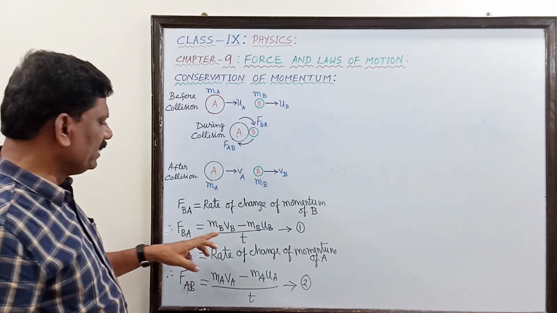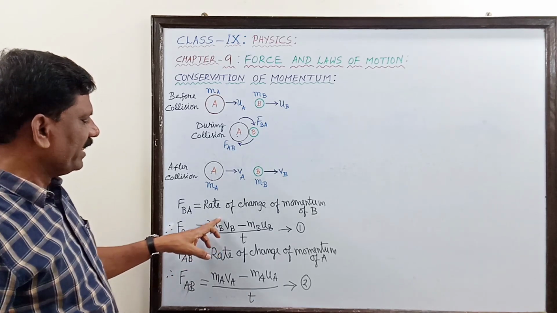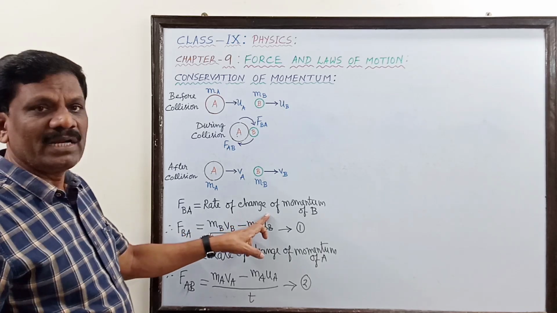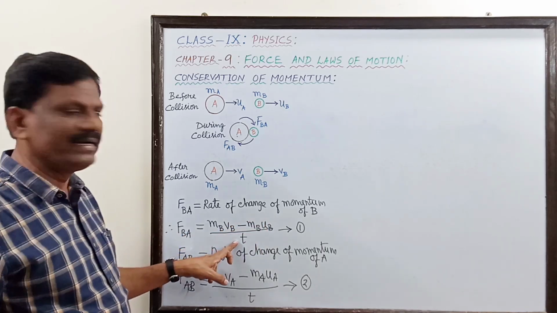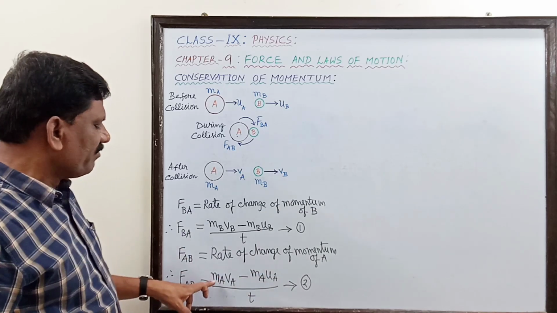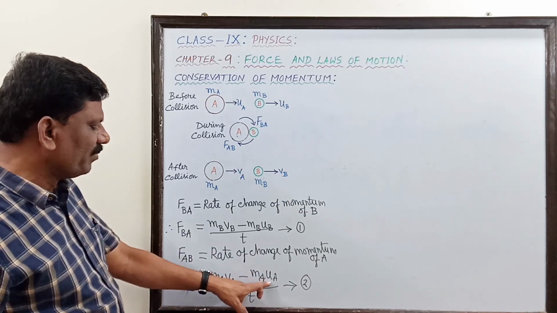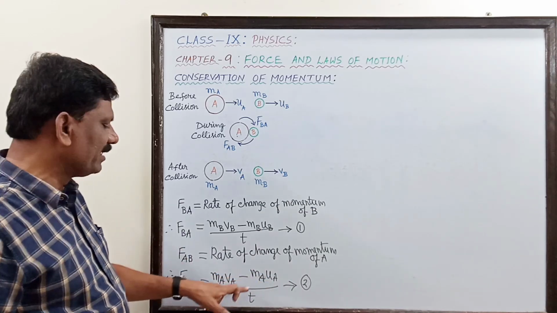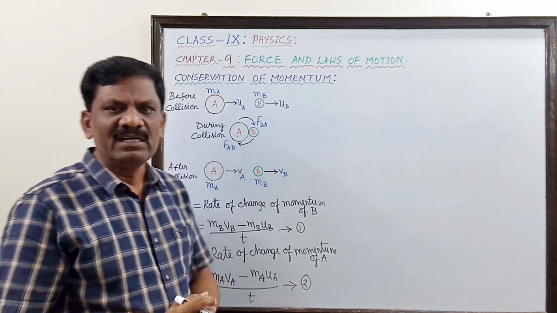So now look at the equation 1. Final momentum of B minus initial momentum of B divided by T is called rate of change of momentum of B. Like that, equation 2, final momentum of A minus initial momentum of A divided by time T is called rate of change of momentum of A.